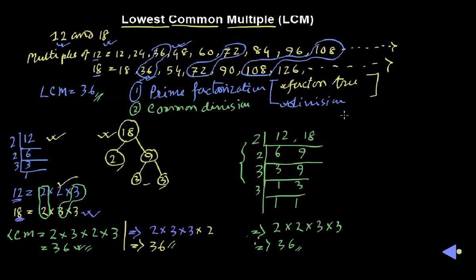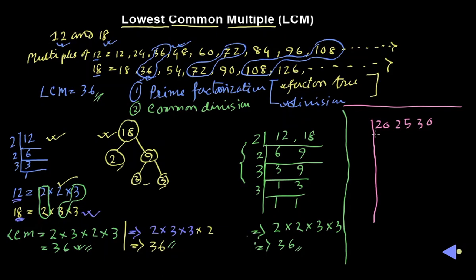So if we take another example to find out the LCM of three numbers at a time, taking 20, 25, and suppose 30. Let us take three numbers.